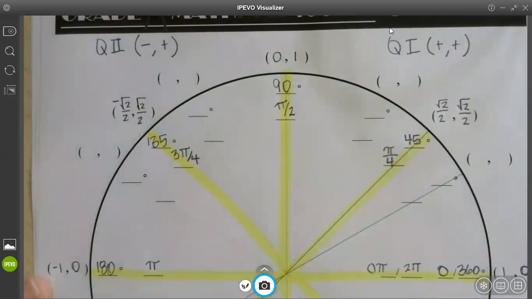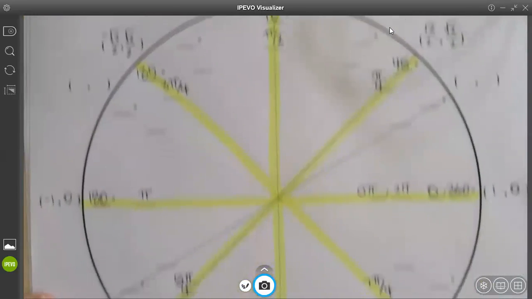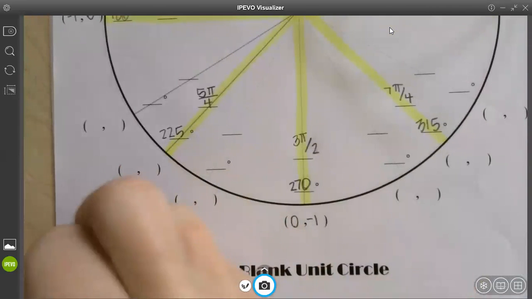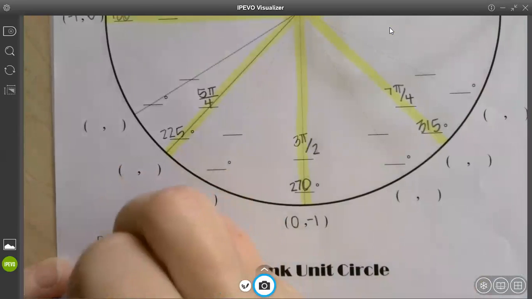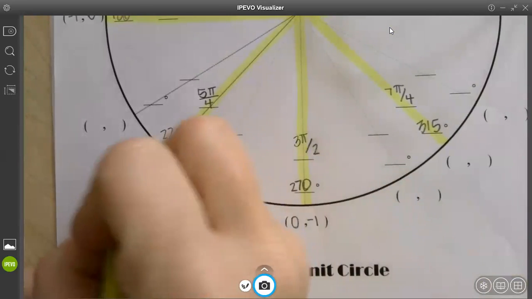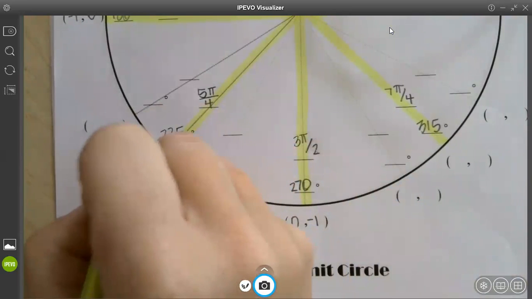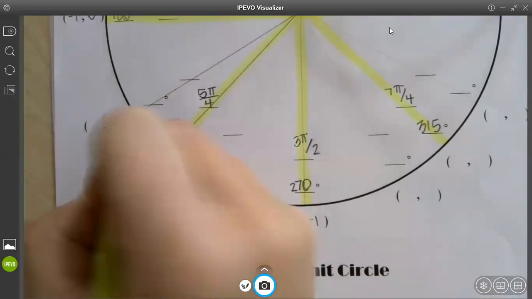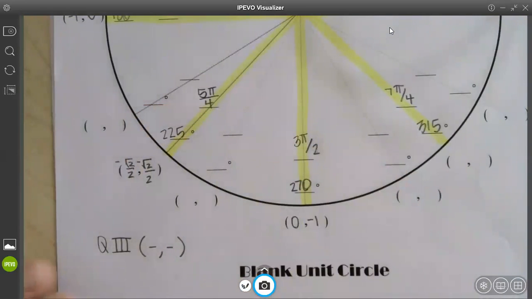Does everybody understand that? All right, pop down to the bottom. Quadrant 3 has what coordinates? Negative, negative. So that means at this main diagonal, you're still going to have the square root of 2 over the square root of 2. Just both of them will be negative because they fall in quadrant 3.